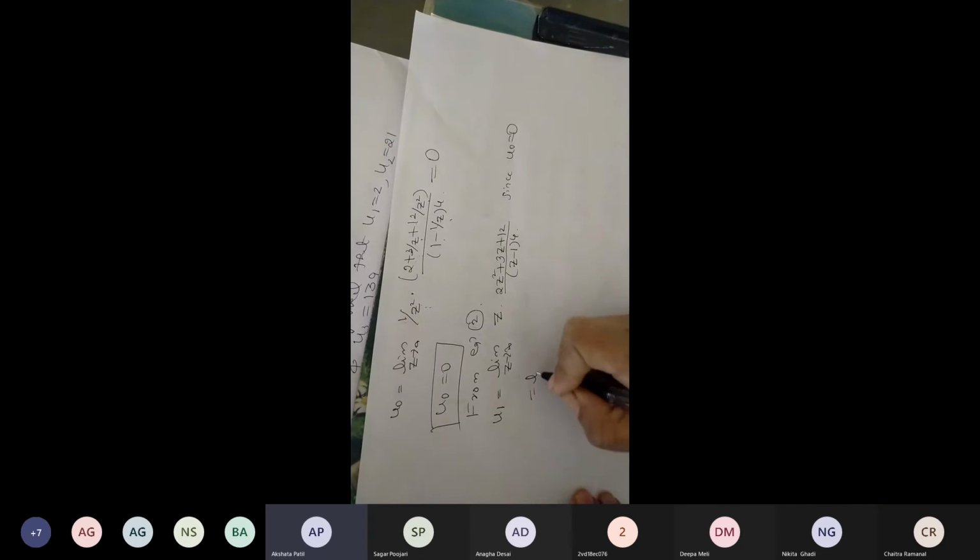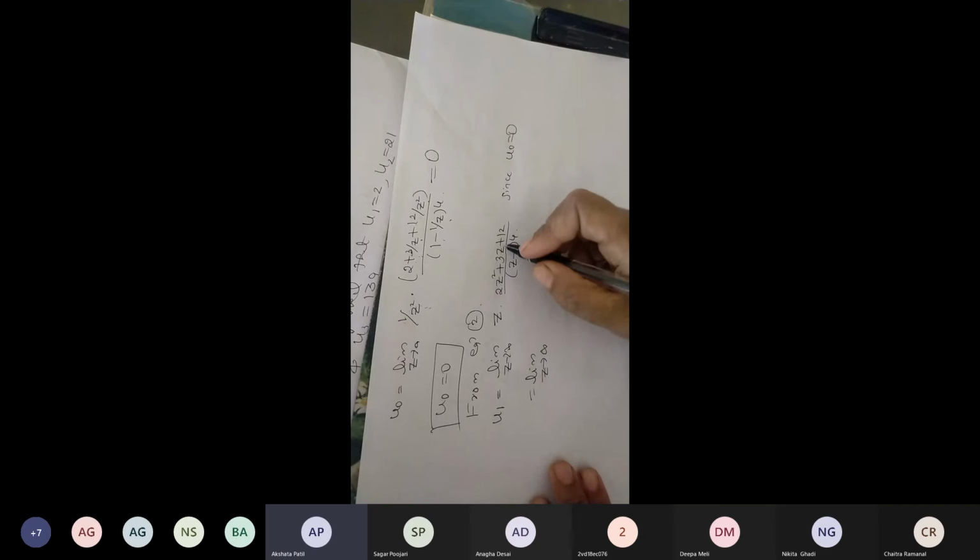Now the limit as z tends to infinity. I can take the highest power in the numerator, that is z², outside. z² into z is z³.